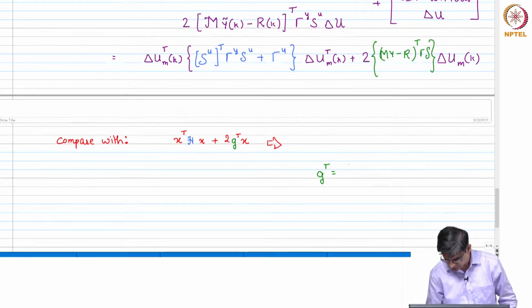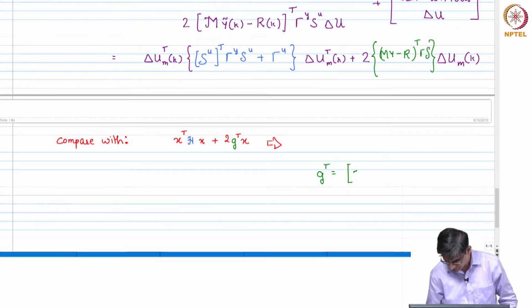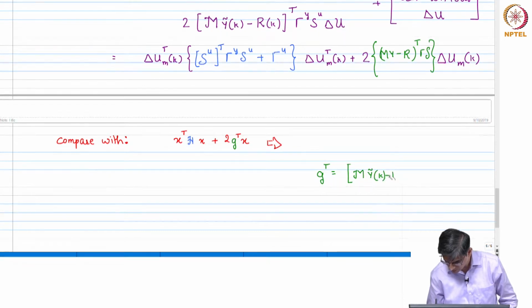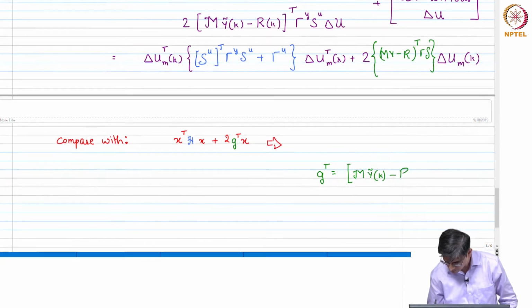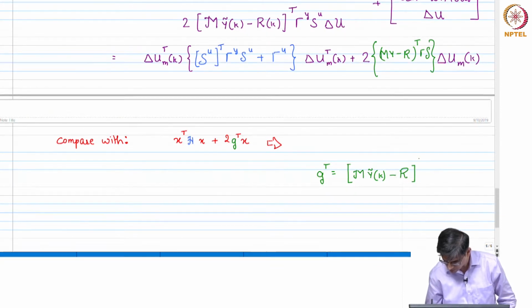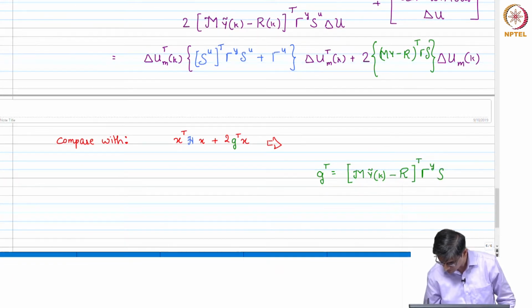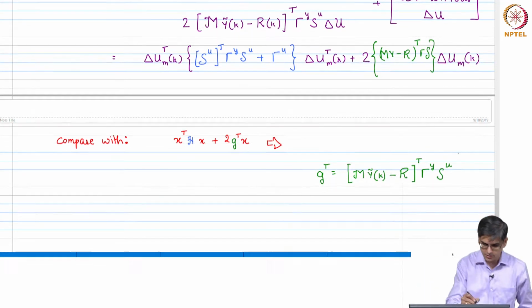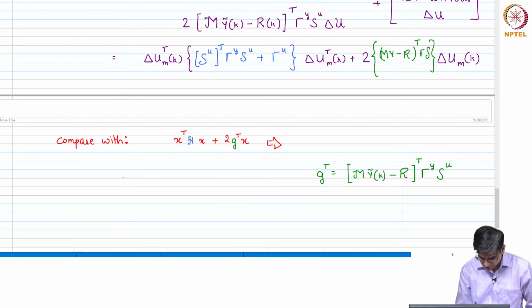Okay. This will give you a gradient, and your Hessian is going to be.